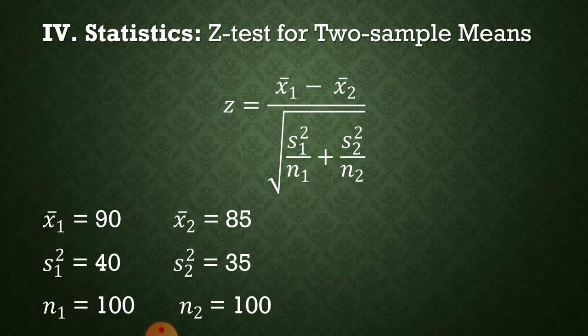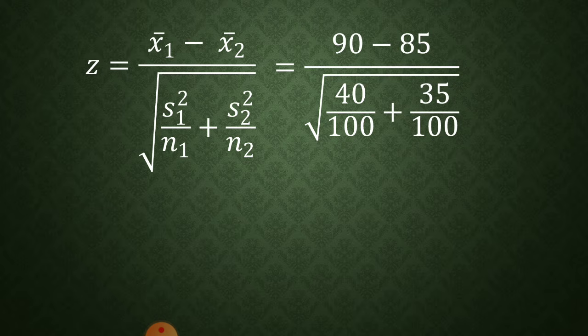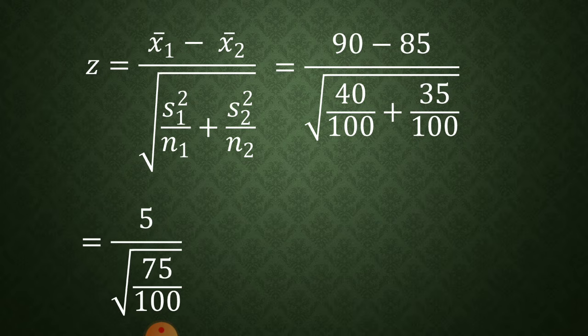Then plug in these values into the formula. So that is now 90 minus 85 all over the square root of 40 all over 100 plus 35 all over 100. Then simplify. 90 minus 85 is equal to 5. Then 40 all over 100 plus 35 all over 100, that is 75 all over 100.